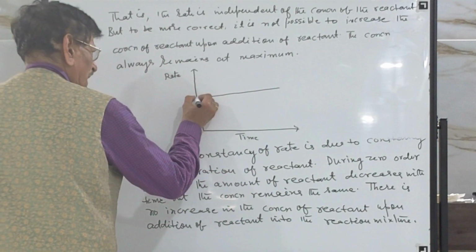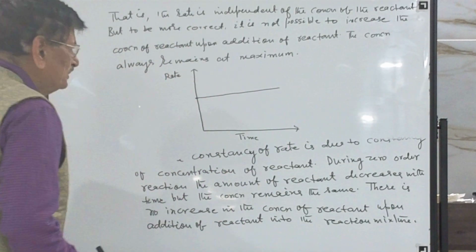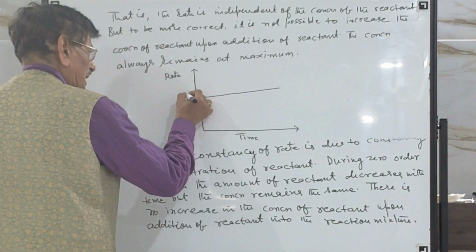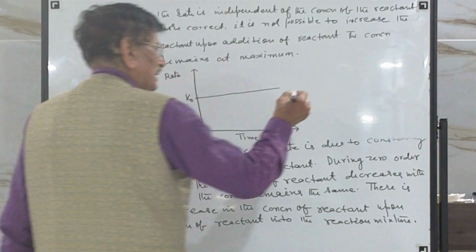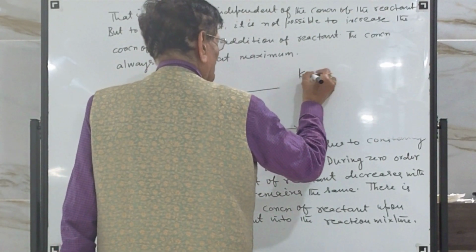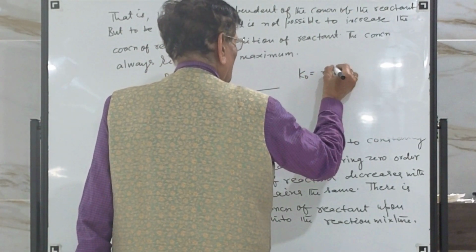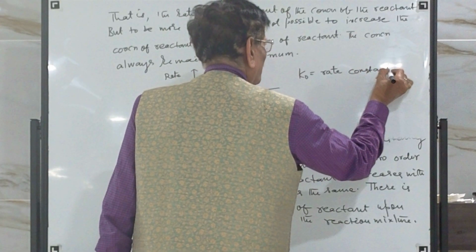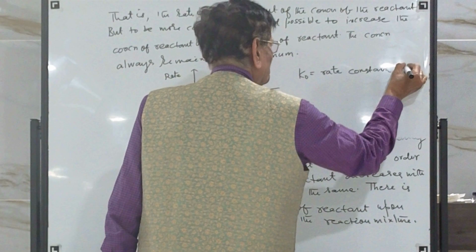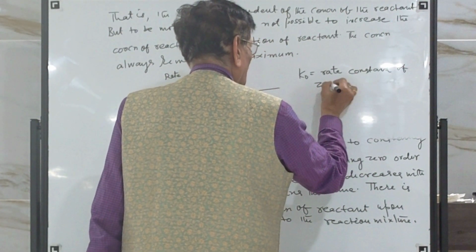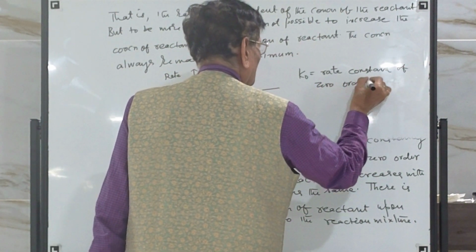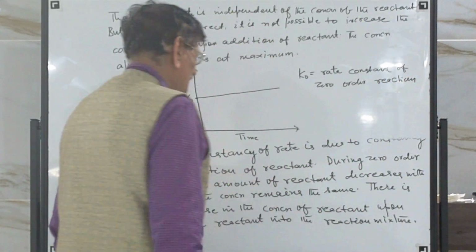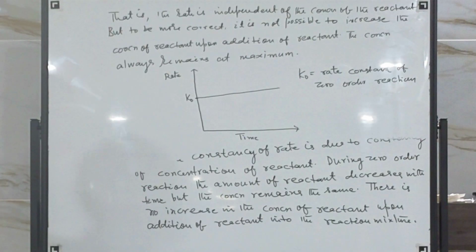And this rate is equal to k naught, the rate constant of a zero order reaction. Okay.